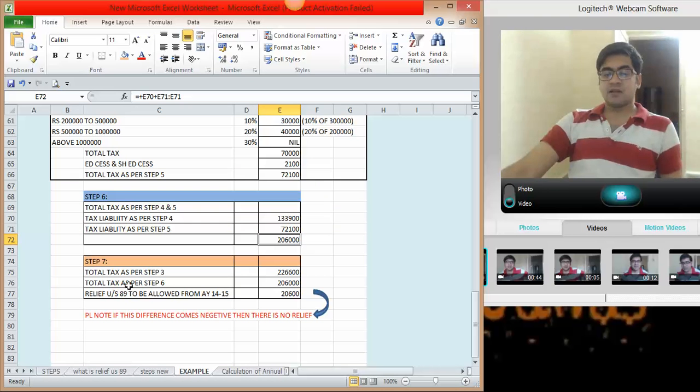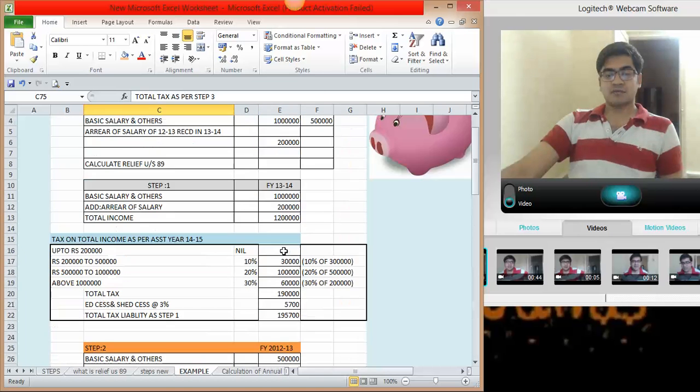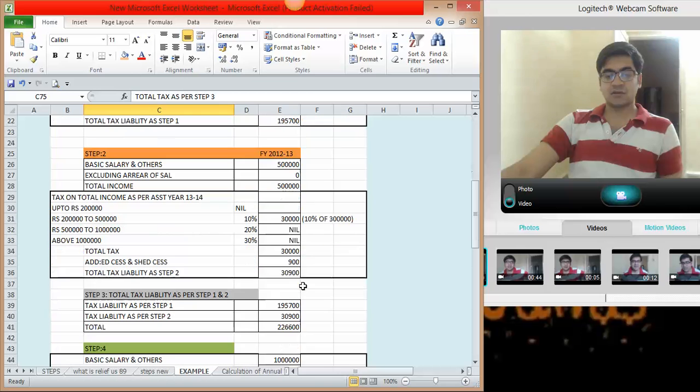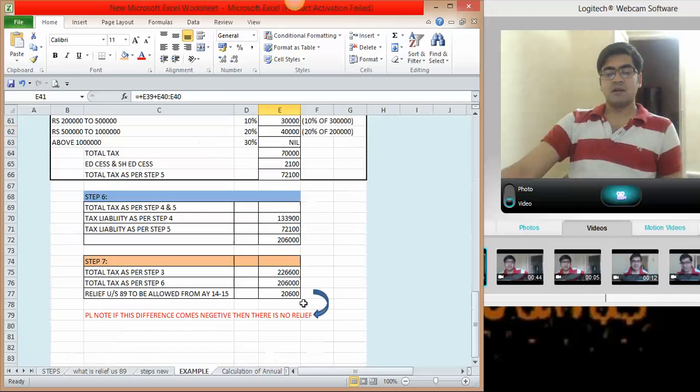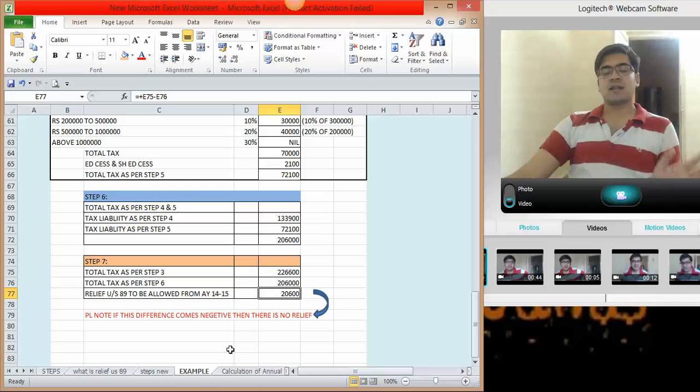So basically our step 3 tax was 2,26,600, and step 6 tax is 2,06,000 rupees. Now if step 3 tax is more than this, then you can get the relief under section 89, that is 20,600, in the current financial year, that is 13-14. You can claim the relief under section 89.